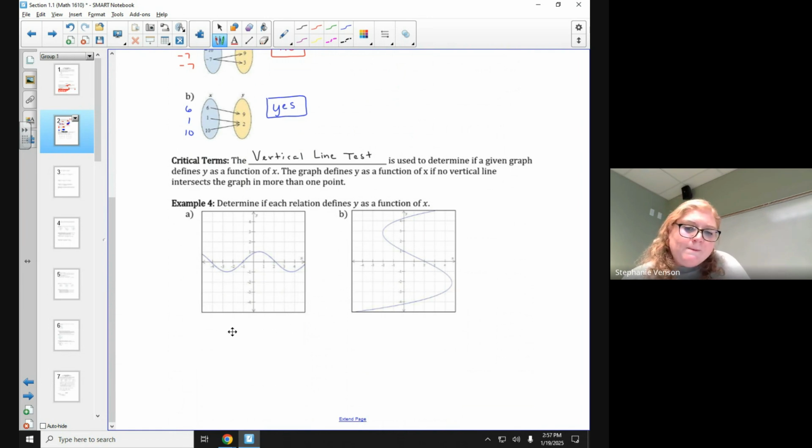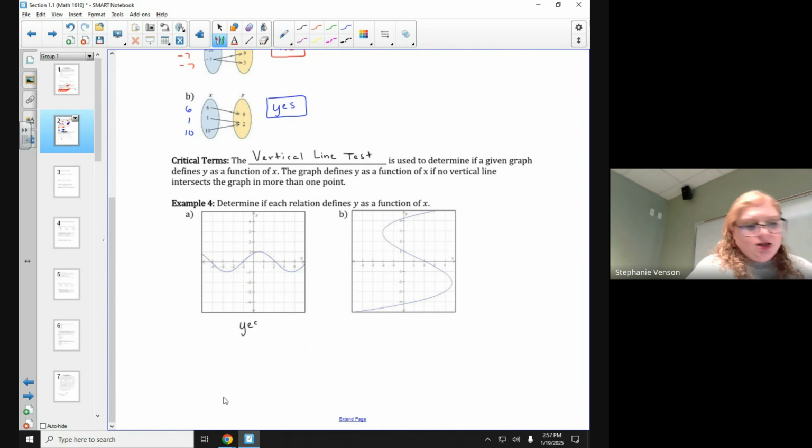So determine if each relation defines y as a function of x. If I drew a million vertical lines through this graph on part A, all of those vertical lines would only touch the graph one time. Therefore, we say, yes, this one is a function.